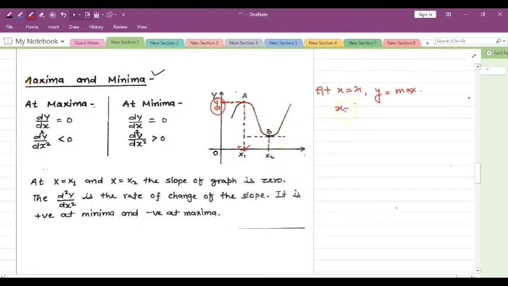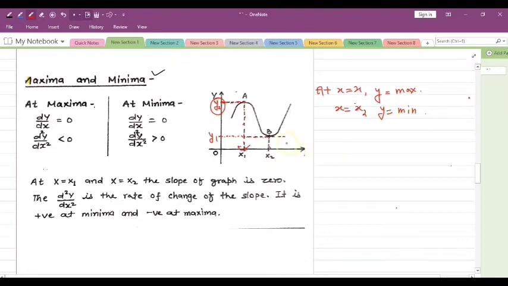Similarly, we can say that at x equal to x2, the value of the graph is this one, the red dotted line. Say this is y1. At x equal to x2, your y is minimum.